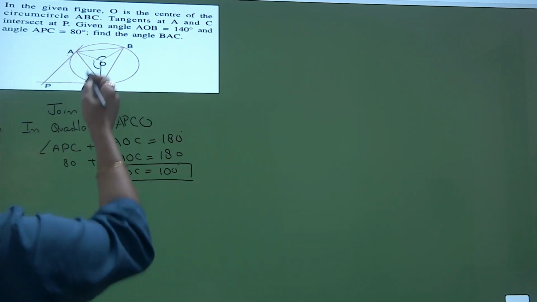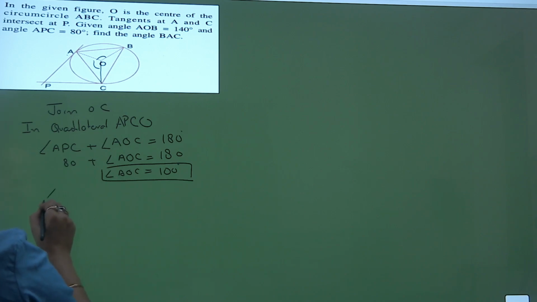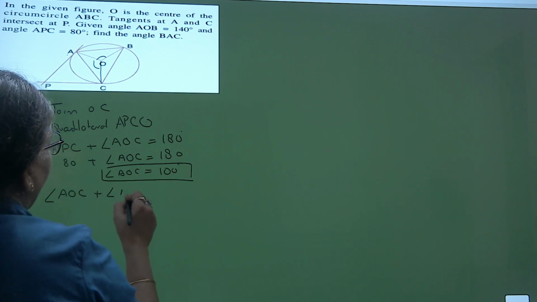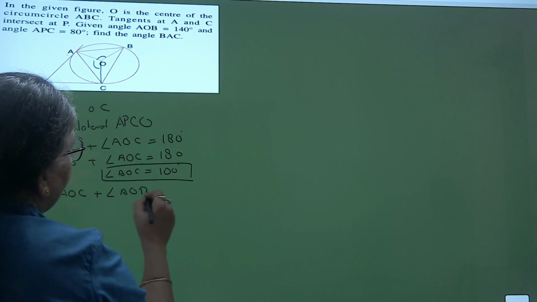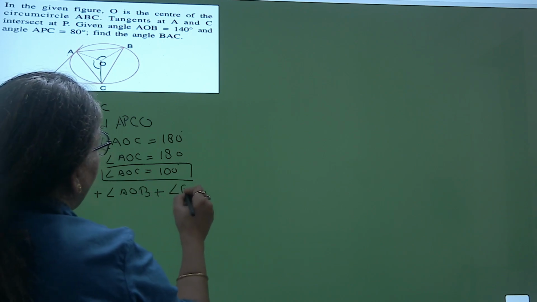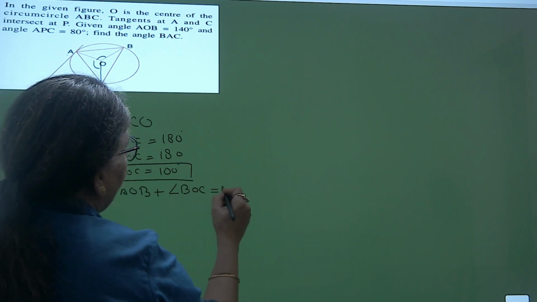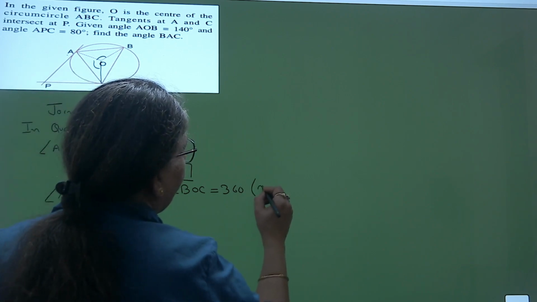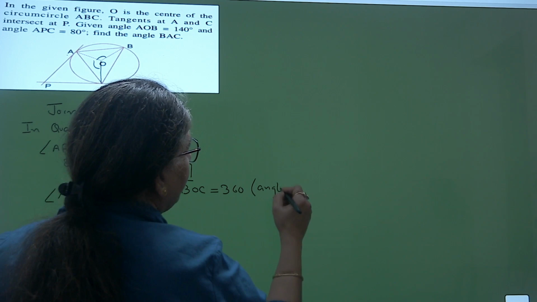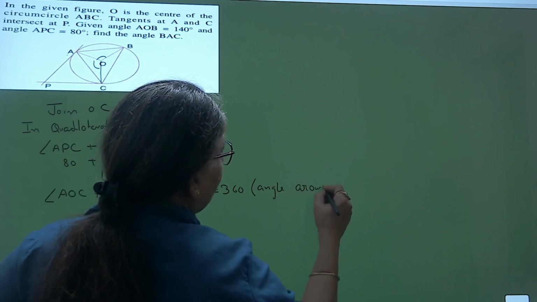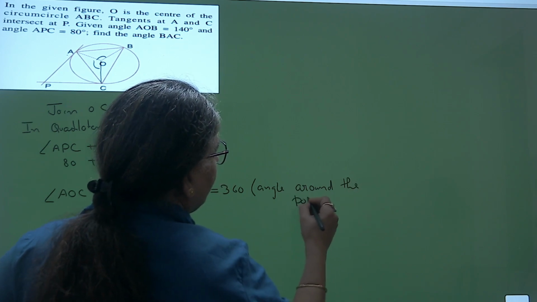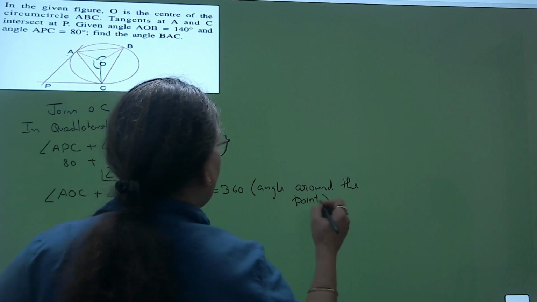So using this fundamental, we can write angle AOC plus angle AOB plus angle BOC is equal to 360 degrees. Reason, angles around a point.